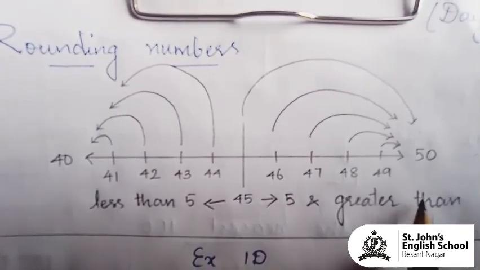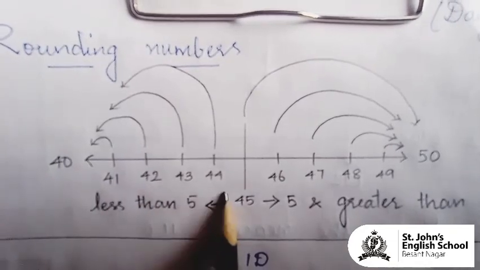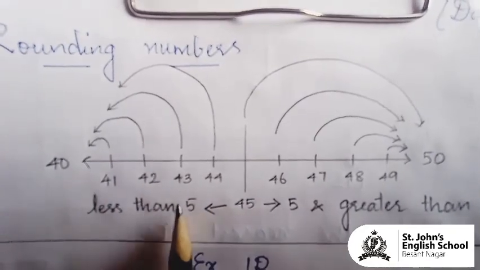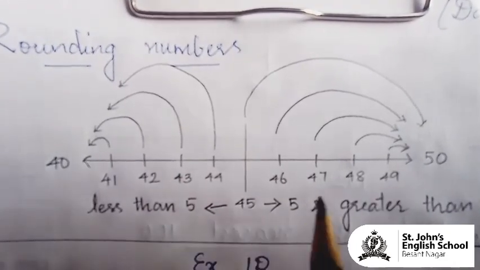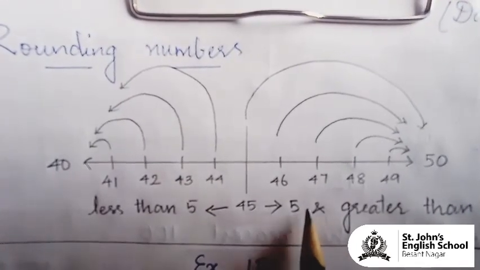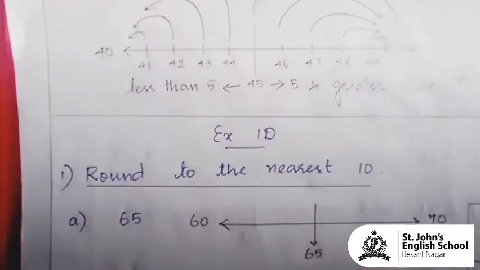Once again I'll tell you, the numbers less than 5 should go to the before number, and the number 5 and greater than 5 should go to the next number. So now we'll go to the exercise.